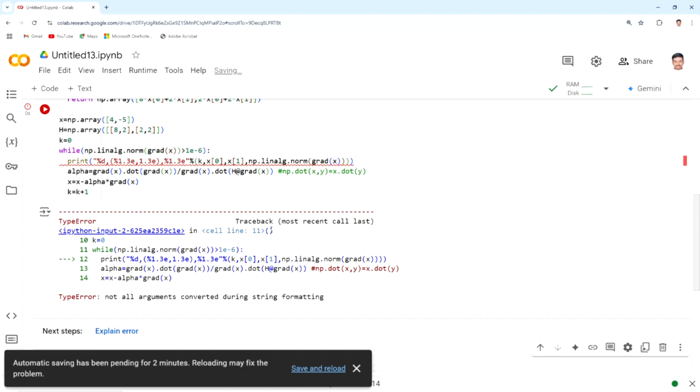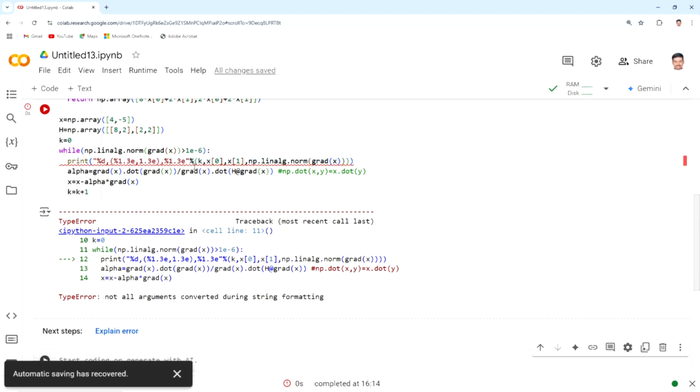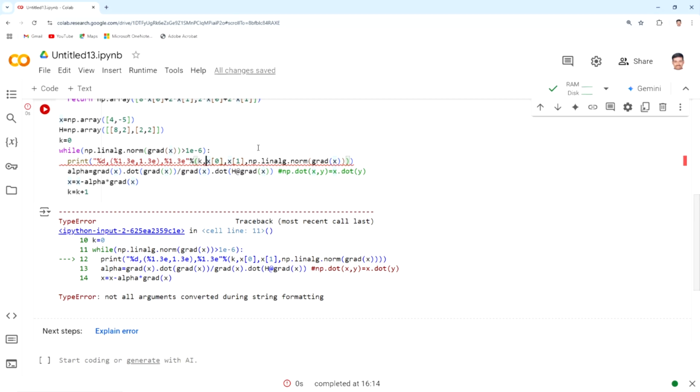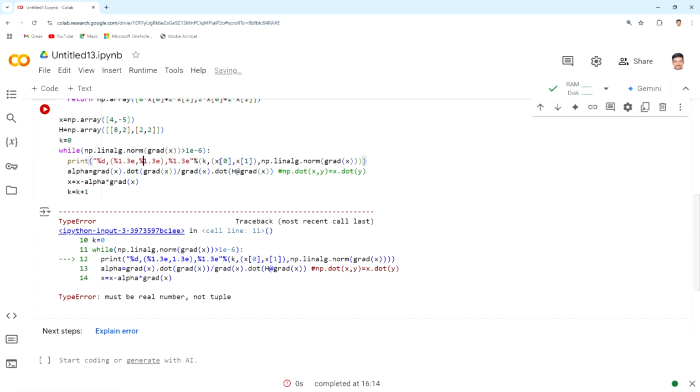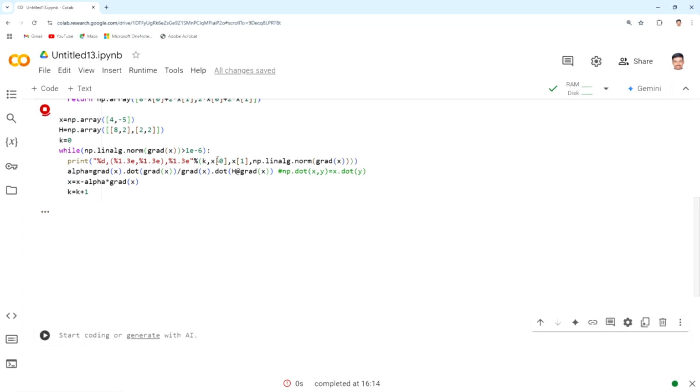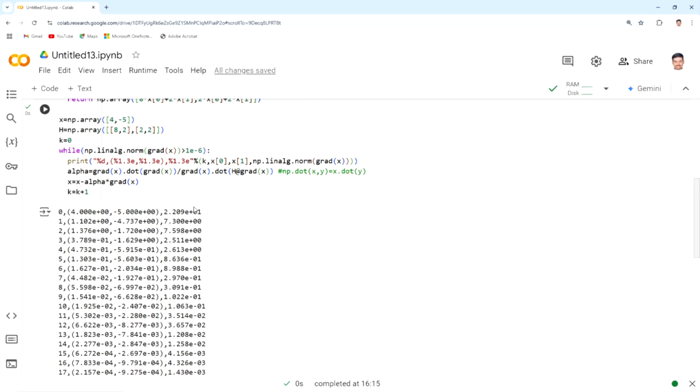Another problem. Let us check now. Oh, there is a percentage that is missing.